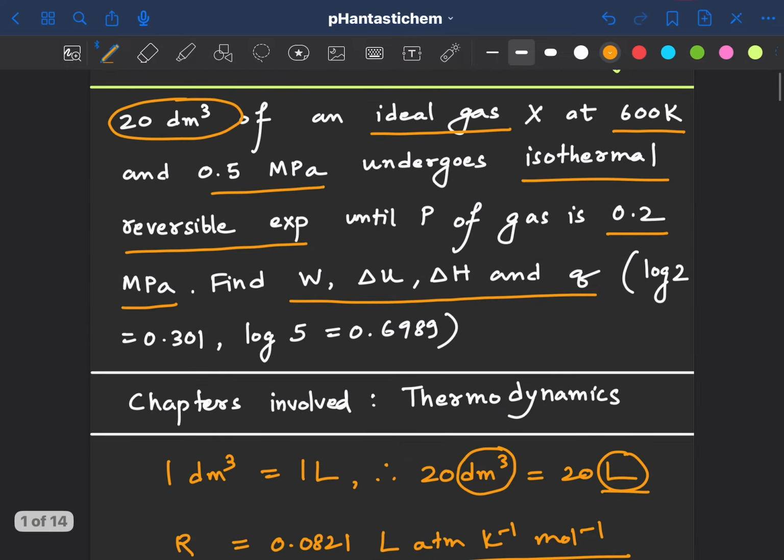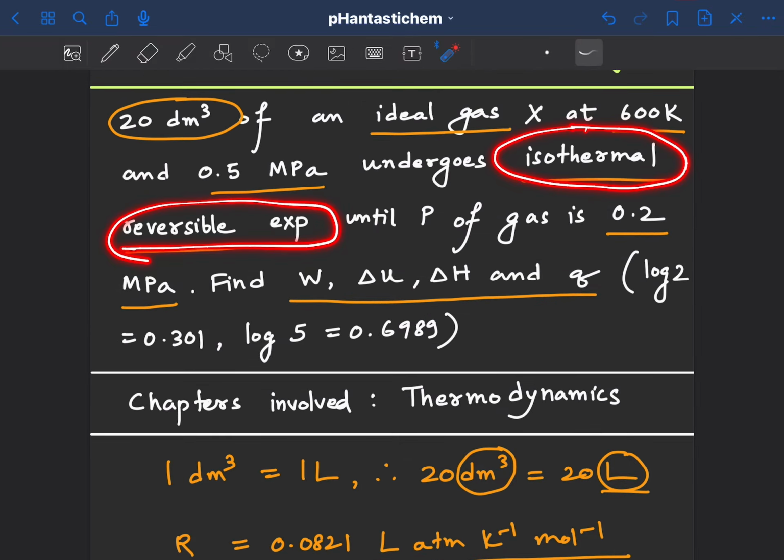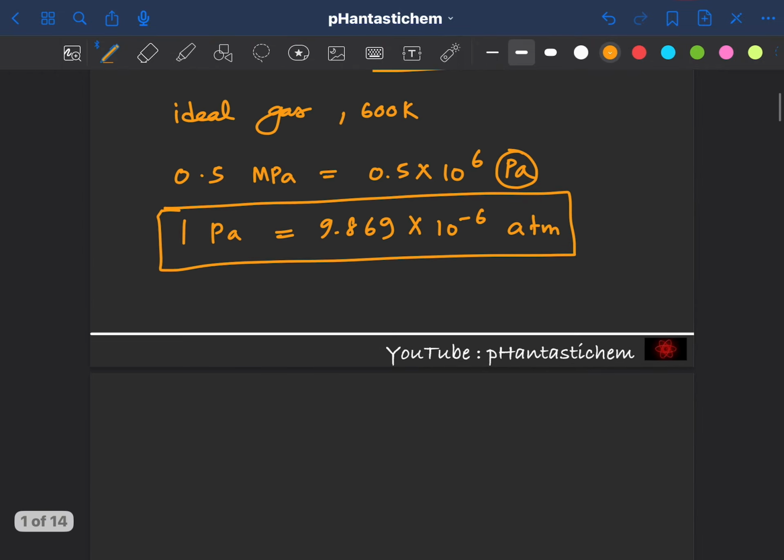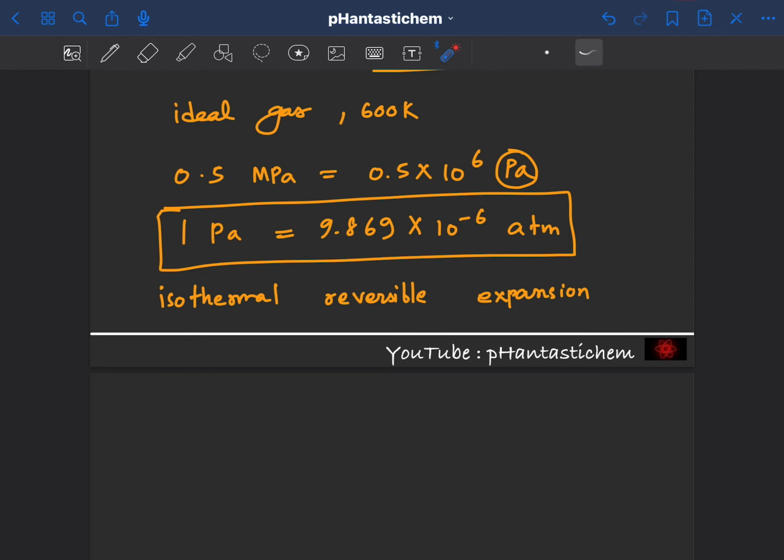Cool. Then it undergoes isothermal reversible expansion, so important. So the process that it is undergoing is isothermal reversible expansion. What is the meaning of isothermal? This implies that the temperature is maintained constant throughout the process.